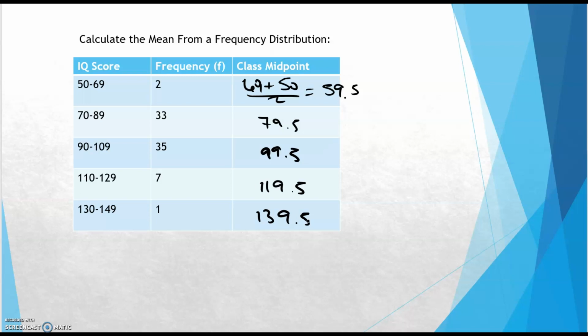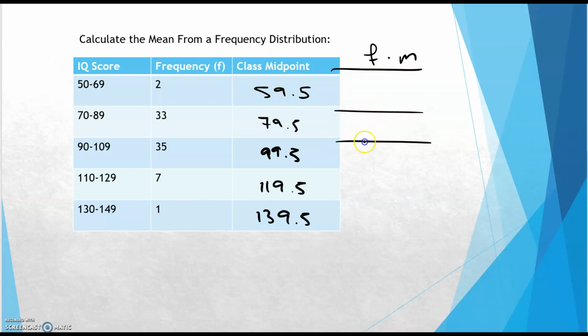And since we have some repeats, we can use that shorthand version. So I'm going to get rid of this part right here. So that was 59.5. I'm going to take the frequency of my data value and multiply it times my data value for every single one of these.